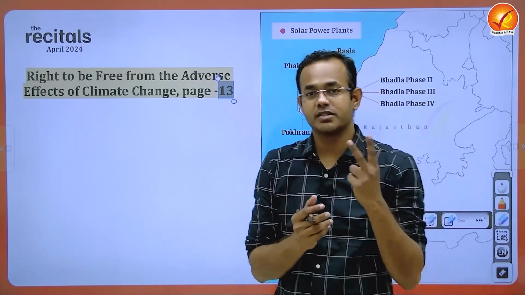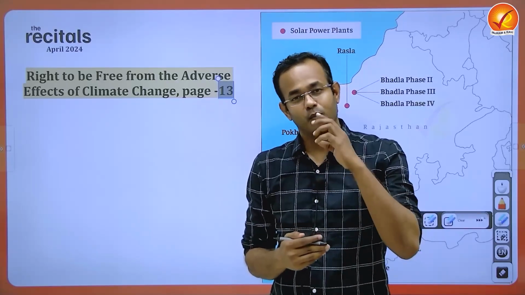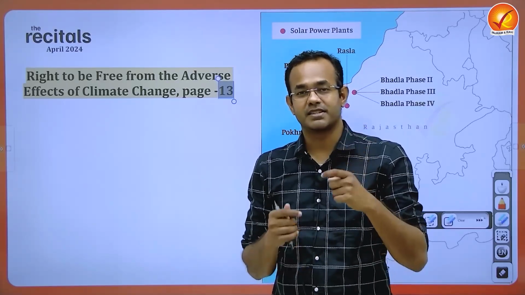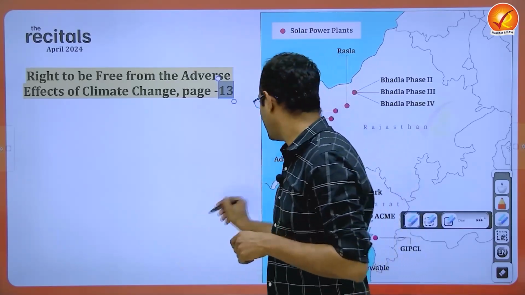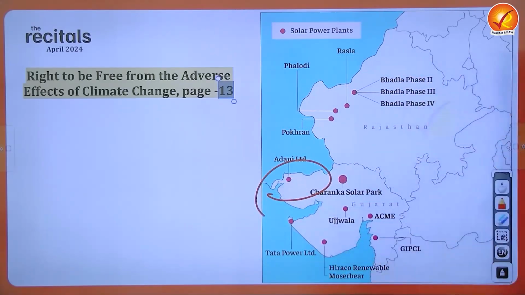There are two locations in India which have the maximum potential for solar energy. The highest potential is in Ladakh. The second highest potential is in Gujarat, in the Kutch region.